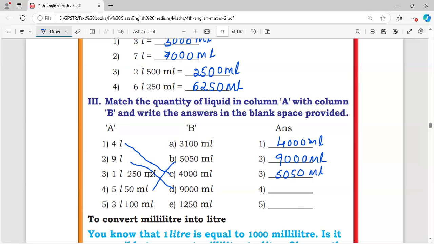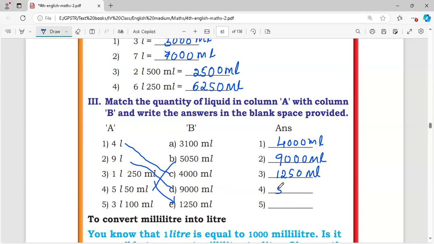I left one, just wait. Third one. 1 liter 250 milliliter, 1250 milliliter.